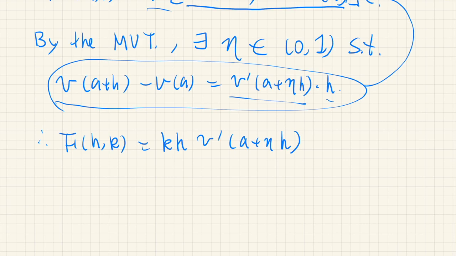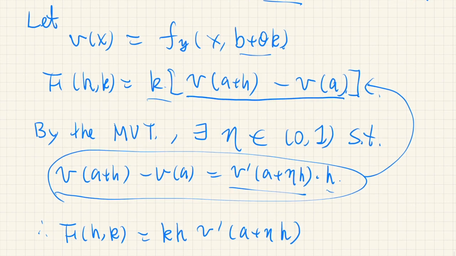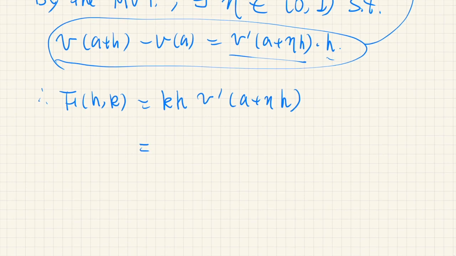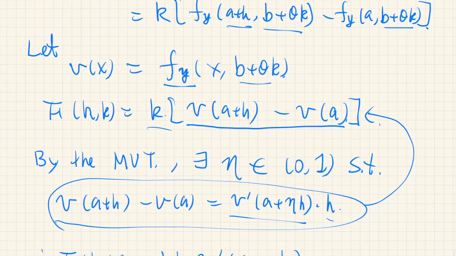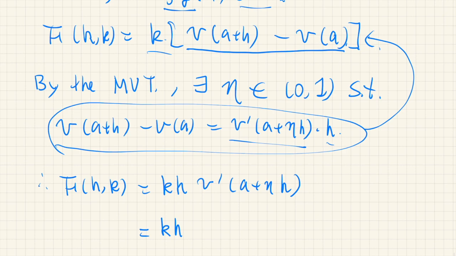But v prime is the derivative of this first partial derivative with respect to y, with respect to x. So this is equal to kh times fyx of a plus eta h and b plus theta k.